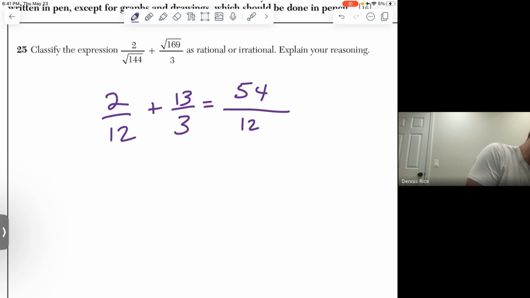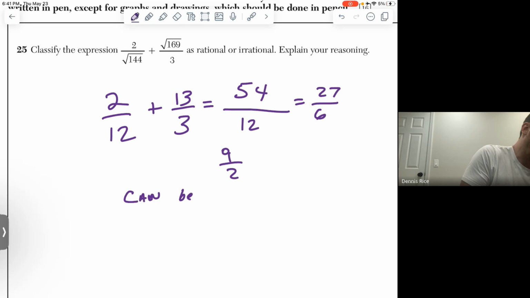You could simplify that to 27 over 6, 9 over 2. You don't even need to figure all that out. It's just the idea that it can be written as a ratio of integers. Can be written as a ratio of two integers. That's your go-to phrase. Can or can't.